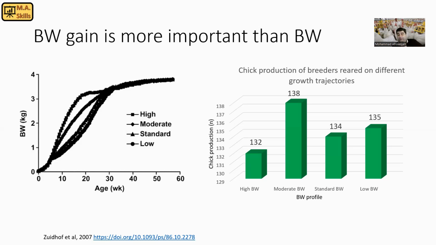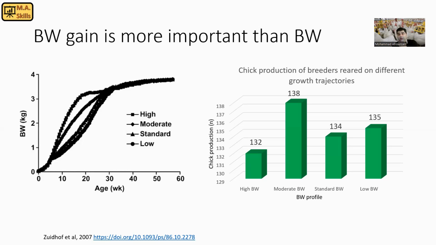Maybe they have eaten more feed. Of course, they have eaten more feed because their body weight curve was higher. They have eaten more feed to reach that body weight curve. So you need to take that into consideration as well in your calculations.